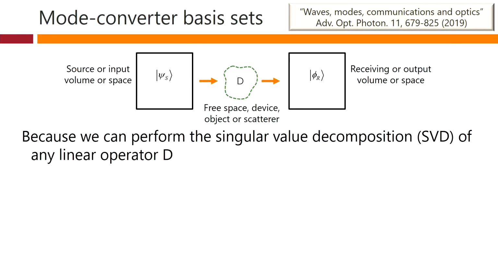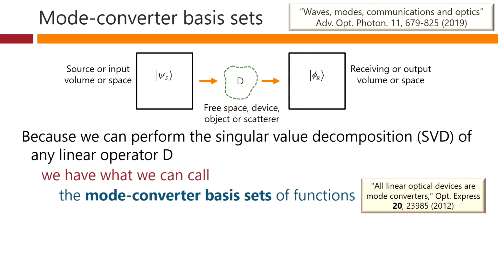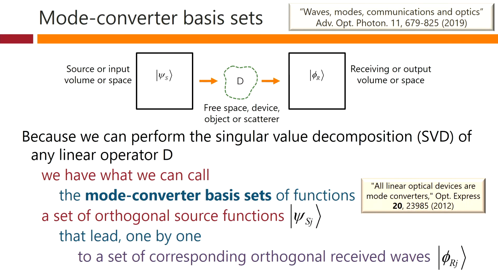Because we can perform the singular value decomposition of any linear operator d, we can have what we can call the mode converter basis sets of functions. And this is an idea that was introduced in 2012. That is, a set of orthogonal source functions, so a whole set here for different j's in the source space, that lead one by one to a set of corresponding orthogonal received waves, so phi r, with also this index j here.